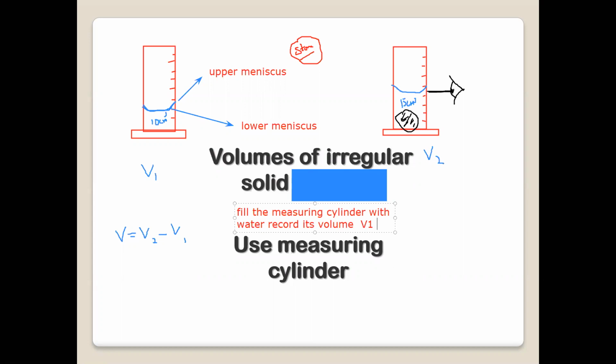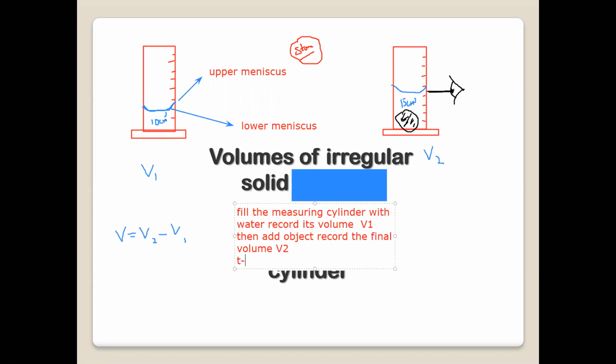Then add the object and record the final volume, that is V2.